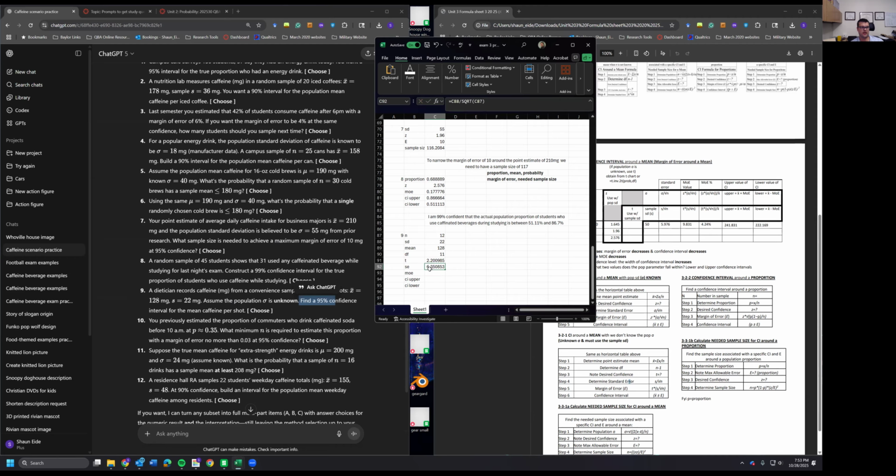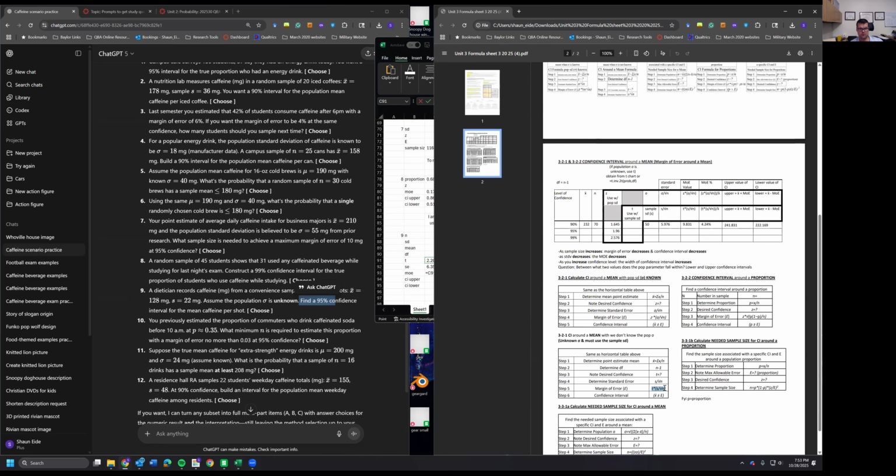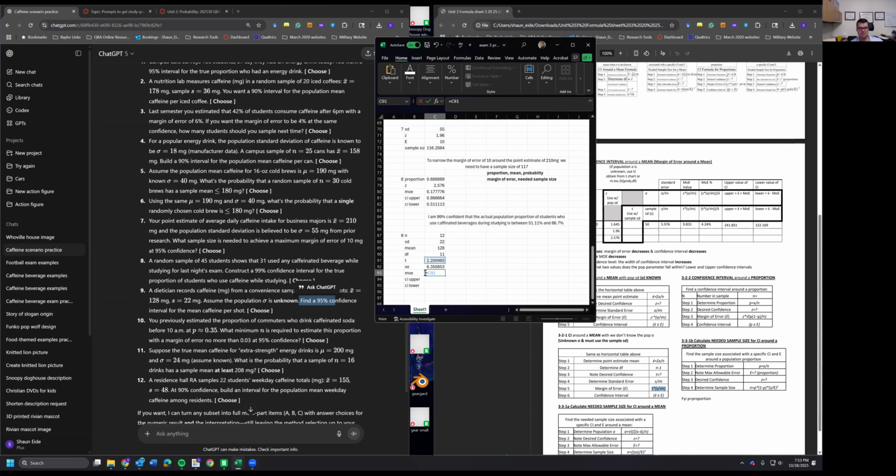Okay, so we've got our standard error of 6.35. And then what is our margin of error? Our margin of error is going to be equals t-score multiplied by the standard error. I'm just following along with the chart here. Okay, so that's our margin of error.